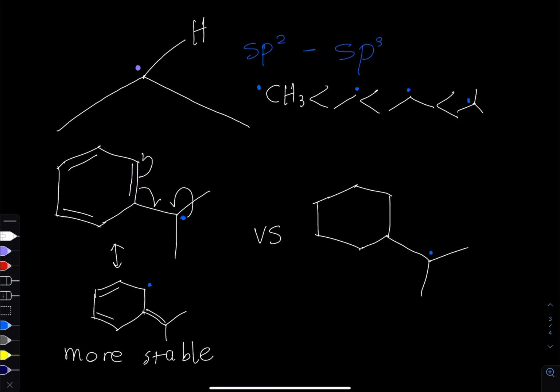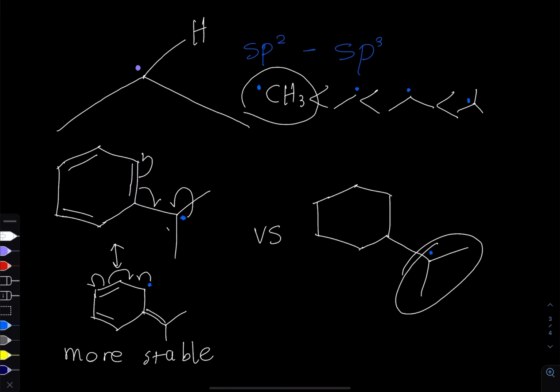And this can occur again between this pi bond and the lone electron again, and then half the electrons here are going to go here. And this radical is going to move across the entire ring until it gets back to the other side. So it's spread out among a lot of carbons, so it's a lot more stable than it again being stuck on this carbon, even though this is relatively more stable compared to a methyl or a primary or secondary radical, but it's not stabilized by resonance like this molecule.